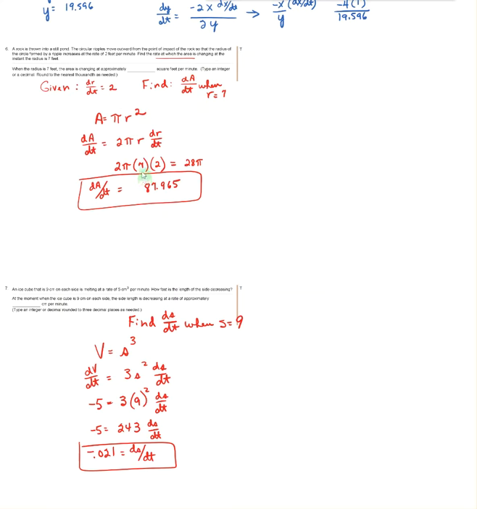We're going to let 7 be r, and our dr/dt is 2. So we got 2 pi times 7 times 2. That's 28 pi. And we'll probably use the pi key on our calculator when we're plugging that in. And so it does say, find the rate, so that's 87.965. There we go.